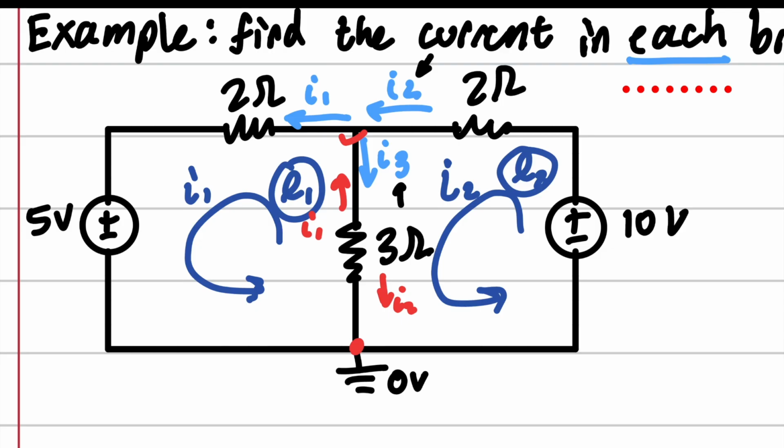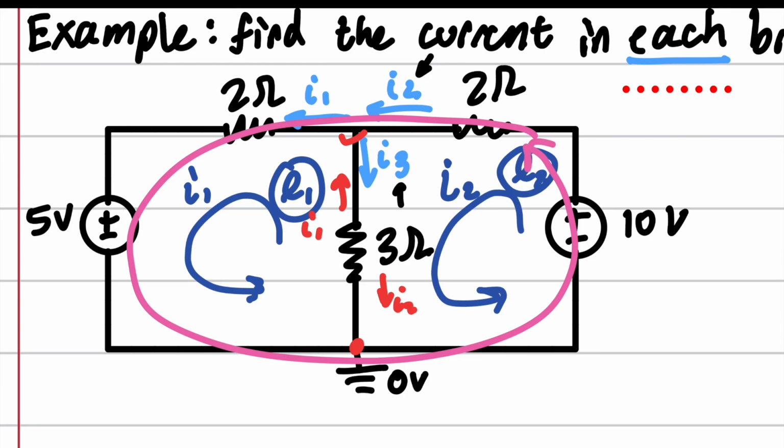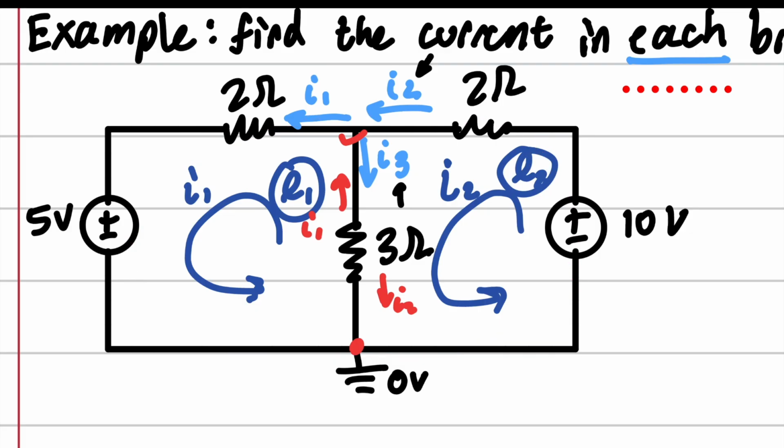But then you would have to introduce another loop, this huge loop, because you would have three variables and two equations. But I'm not going to do that because that is going to confuse you. It's going to confuse me.